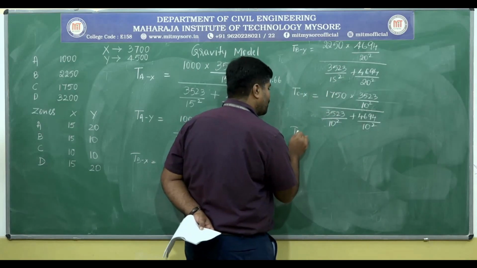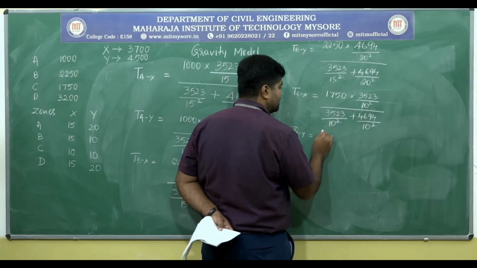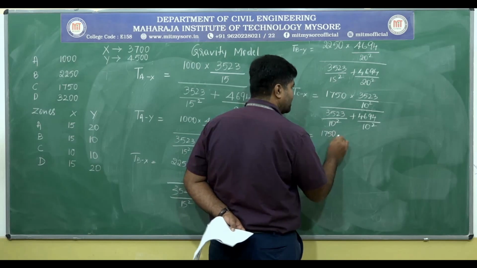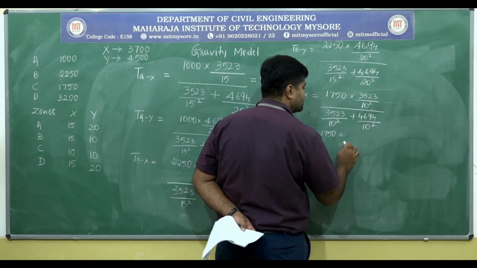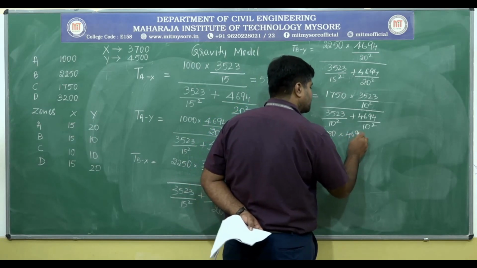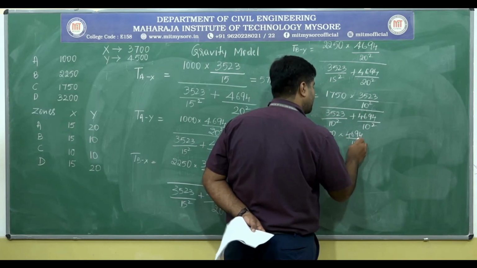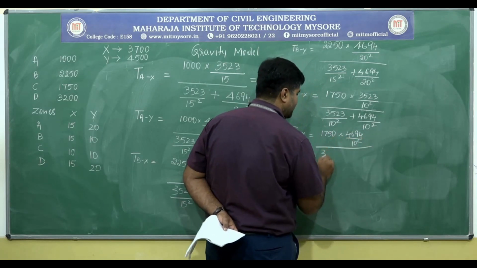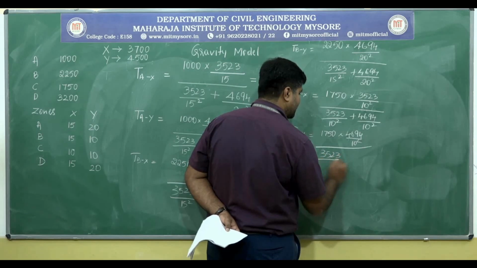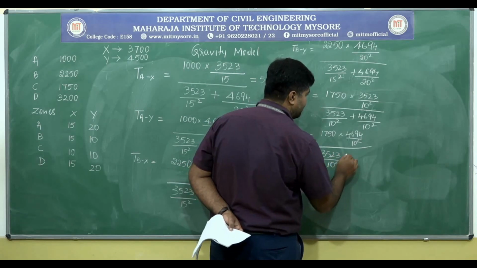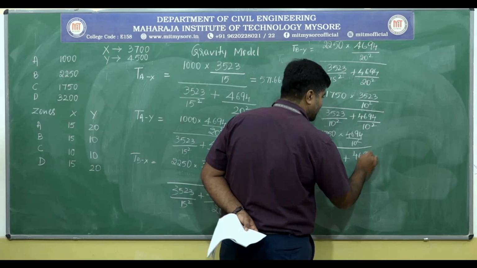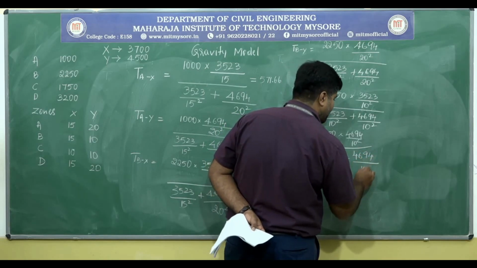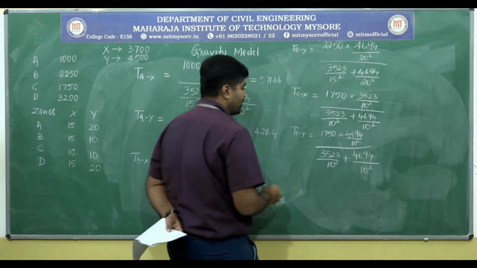Next C to Y: 1750 into 4694 divided by 10 squared, divided by 3523 divided by 10 squared plus 4694 divided by 10 squared.